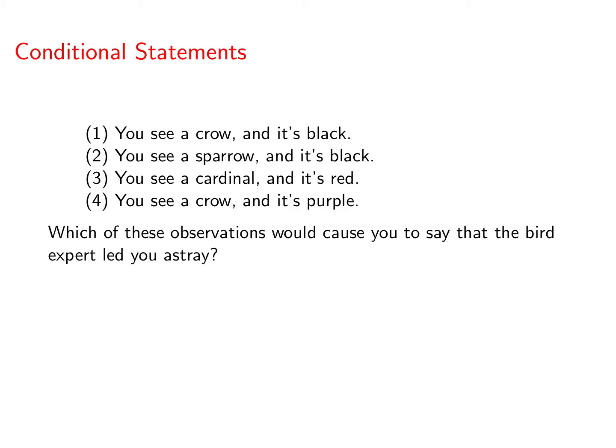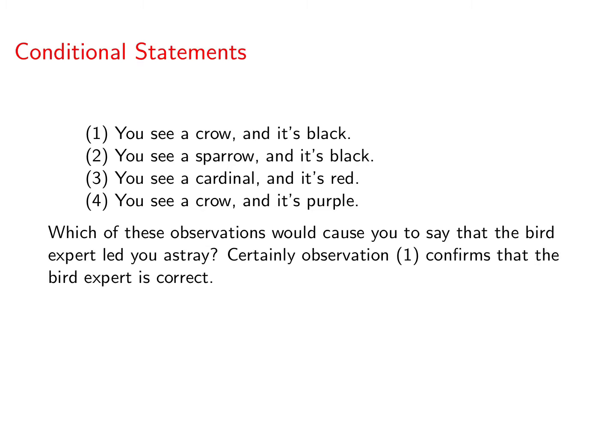Now, which of these 4 observations would cause you to say that the bird expert led you astray? That is, the bird expert told you something false. Well, observation 1 doesn't do anything to let you believe that the bird expert told you something false; that really confirms that they're right if you see a crow and it's black. What about observations 2 and 3? Well, the bird expert said, if you see a crow, then it's black.